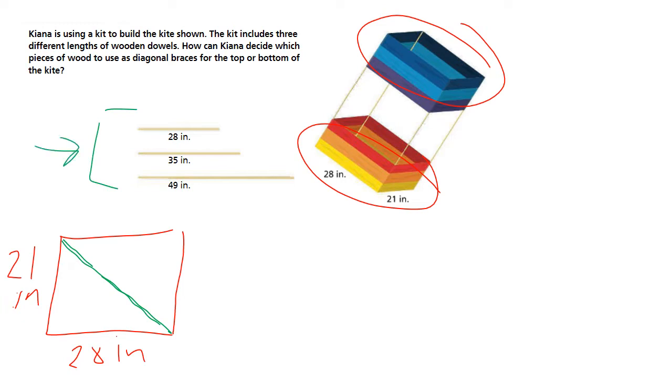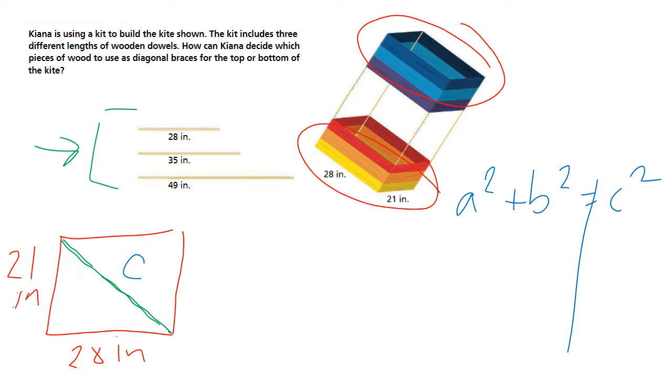Okay, so the easiest way to do this is to use some Pythagorean theorem. Let's go ahead and write down our formula. We know that any right triangle, and this would be a right triangle because it's asking us to use Pythagorean theorem, would be a squared plus b squared equals c squared. What information do we already have? We know that this is going to be the c length because it's the hypotenuse.